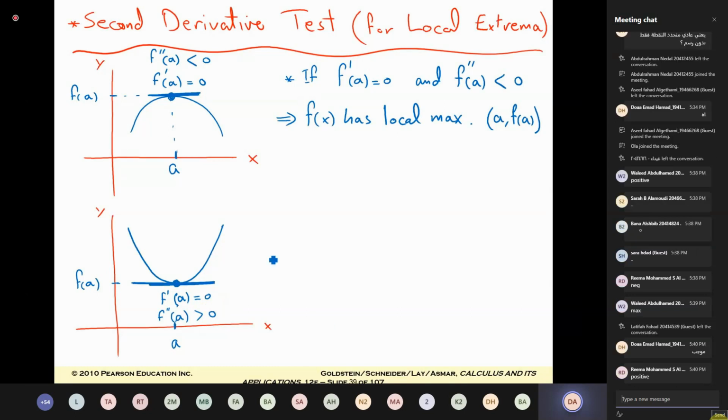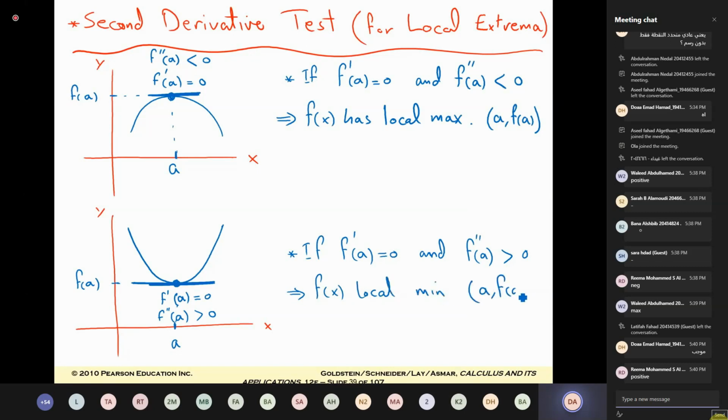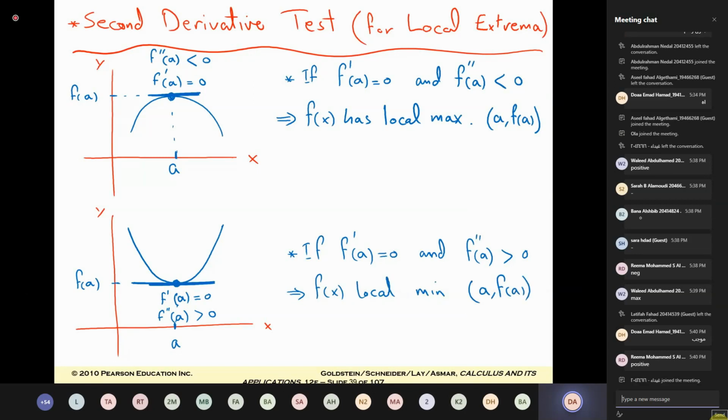So if we have a critical point at A, so f prime of A equals 0 and f double prime of A greater than 0, positive, so we have f of x local minimum at A and f of A. So for any critical point, if we substitute the critical point in f double prime and the value is positive, this is a local minimum.